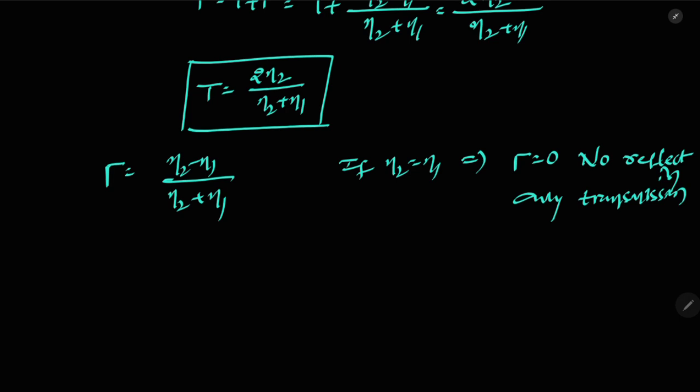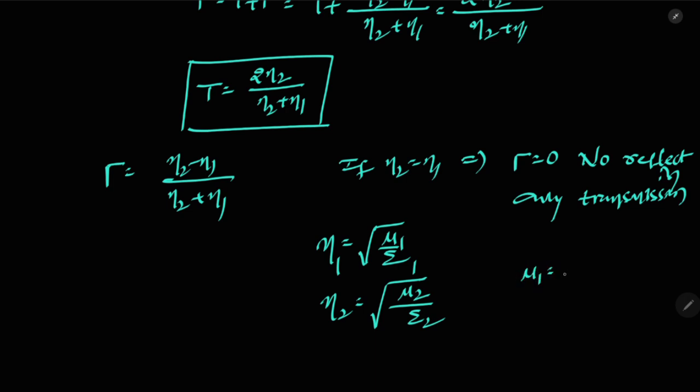It is a very important expression, and impedance is nothing but you can use the formula square root of mu by epsilon in the case of a perfect dielectric. That means wherever sigma is 0, you can take this particular expression, and eta 1 is related to medium 1, and eta 2 is related to medium 2, root of mu 2 by epsilon 2. For most of the materials, mu 1 is equal to mu naught into mu r1, so that mu r1 is 1.